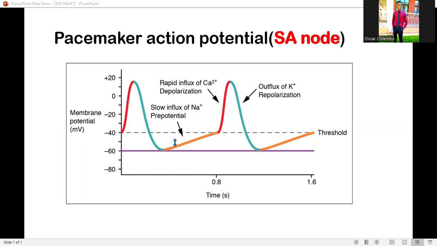Then again, remember in the beginning I said that in spontaneous depolarization, the pre-potentials before the action potential are produced through the funny channels as well as the T-type calcium channels. But it is not enough, as I mentioned, to produce depolarization. If you mention these phases, then you would have covered what the pacemaker potential is all about.